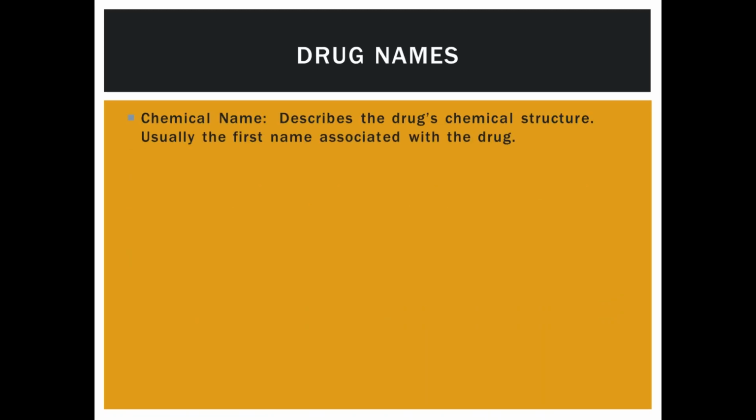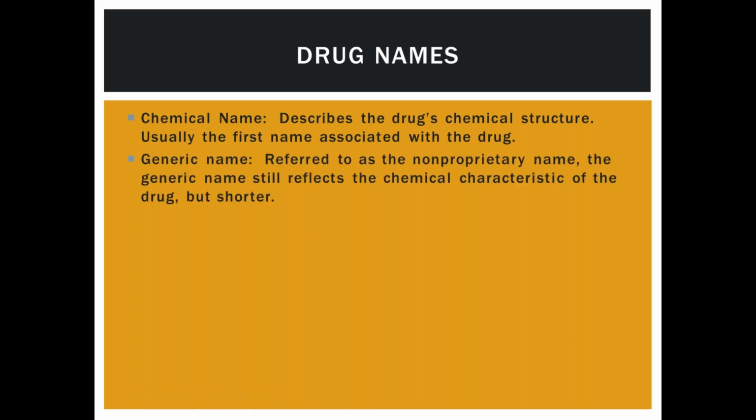Now with medications, they have a couple of different drug names. So first, with the chemical name, this is going to describe the drug's chemical structure. So this is usually the first name that is going to be associated with that drug. Next, we have a generic name. So this is the non-proprietary name, usually the generic name that reflects the chemical characteristic of the drug, but shorter.